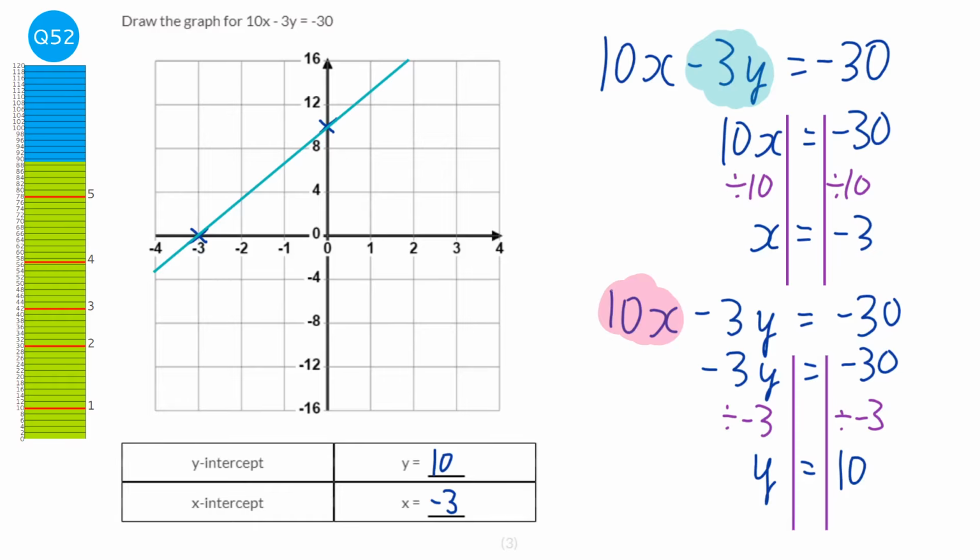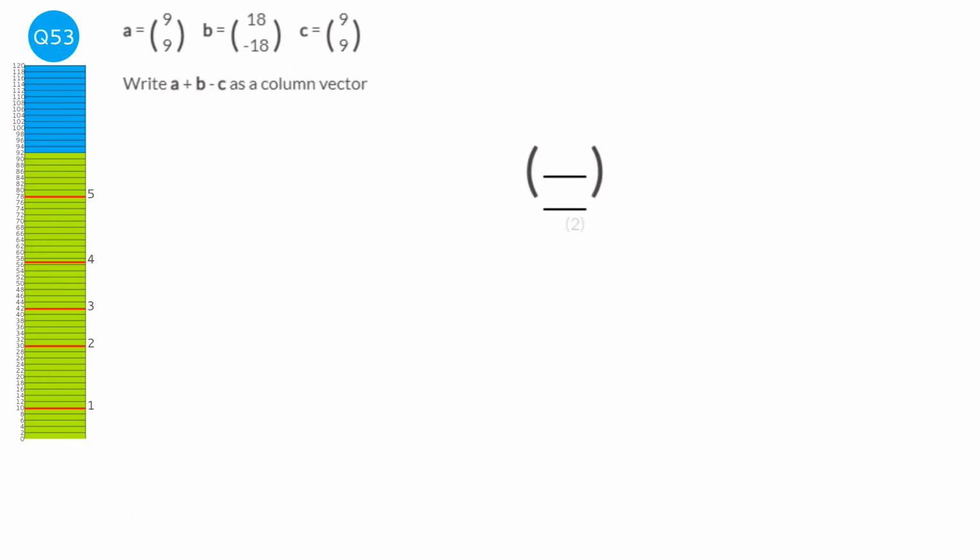the y-intercepts. So when we're doing column vectors and adding and subtracting them, we just literally add and subtract the top and bottom numbers. So a plus b minus c will be, just looking at the top, 9 plus 18 minus 9, which will equal 18.